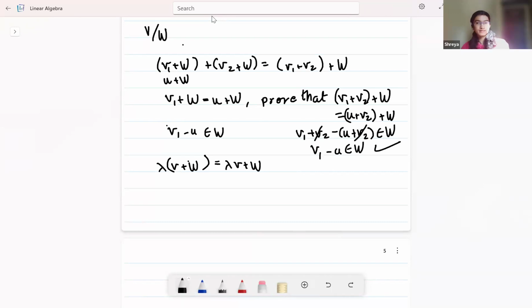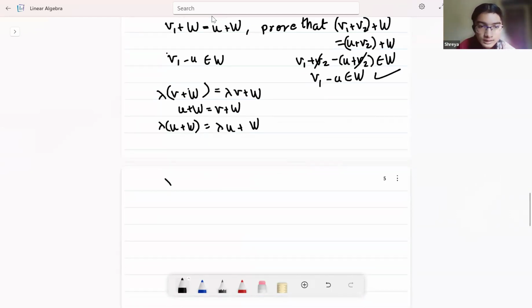Yes, exactly. So we need to prove that instead of v, if we had some u such that u plus W is equal to v plus W, and then we multiply, then you'll get lambda u plus W. So then we need to prove that these two things are equal.